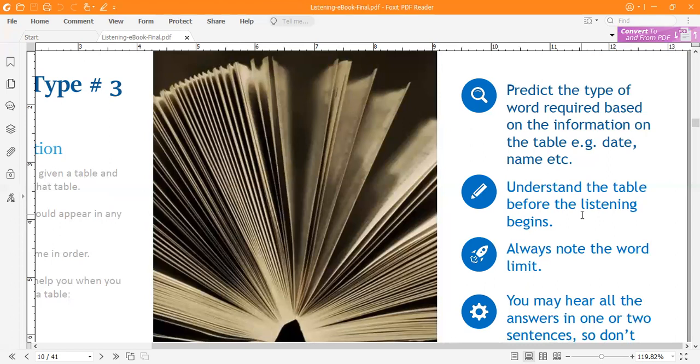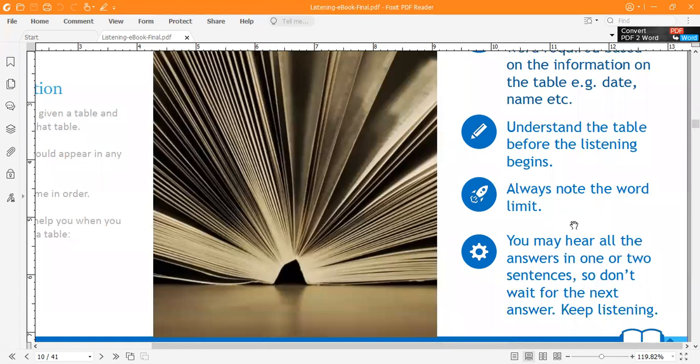But if your brain thinks wildly about other things, you can listen, but maybe in a way or another, you will miss something. So try to predict what is going to be in the space. Is it a noun? Is it a verb? Is it a date? Is it an address, and so on?